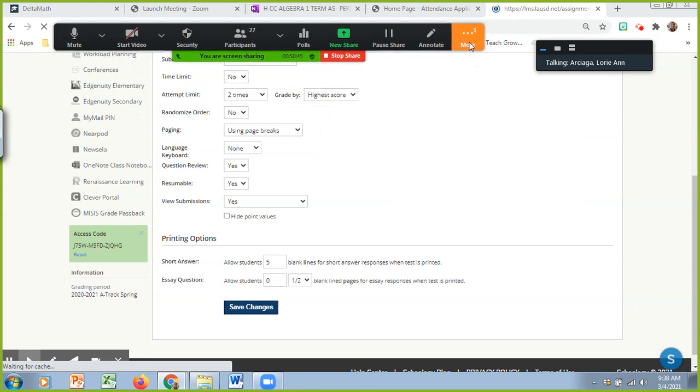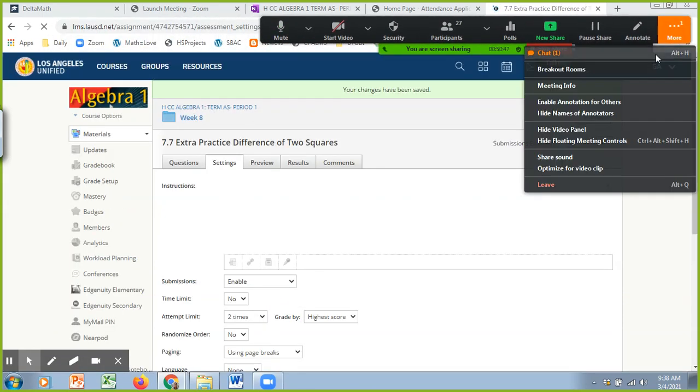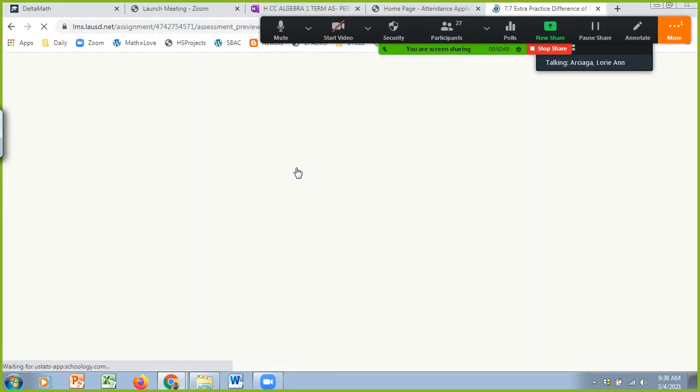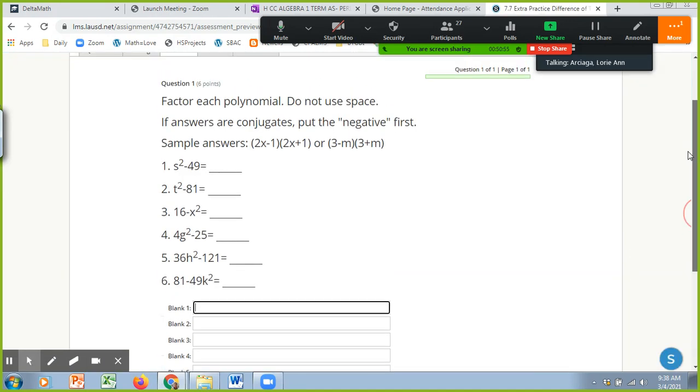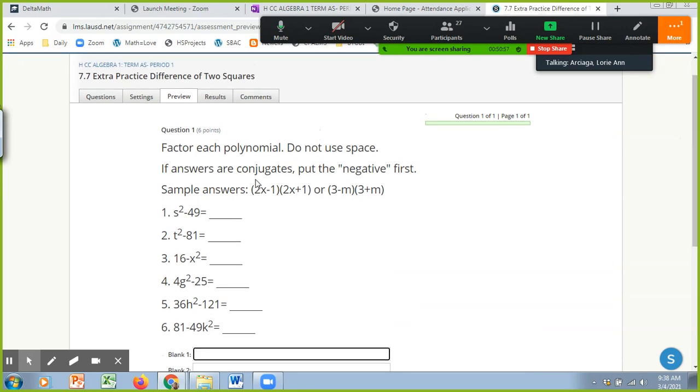All right, so let's see. Preview. Start attempt. Look at this. Factor each polynomial and do not use the space. If answers are conjugates, you have to put the negative factor first.